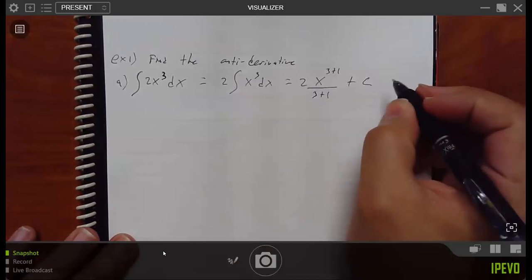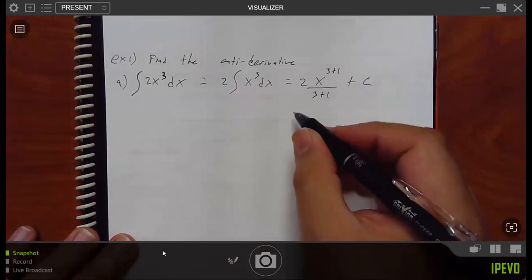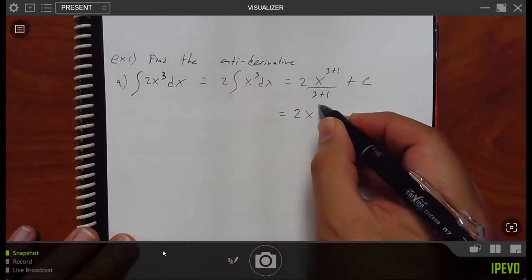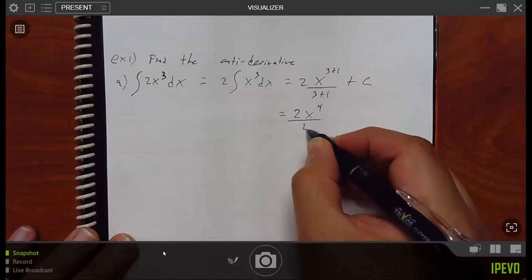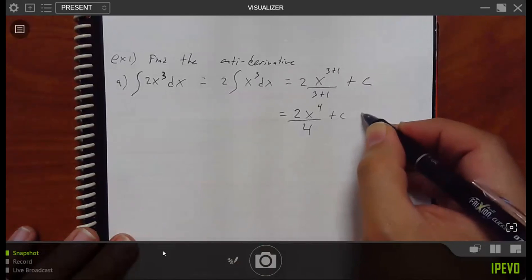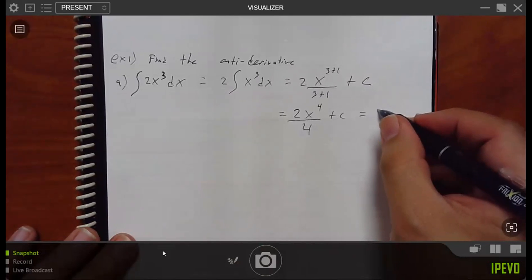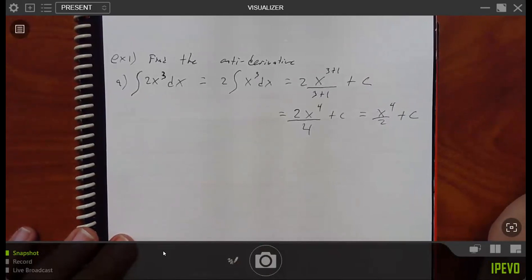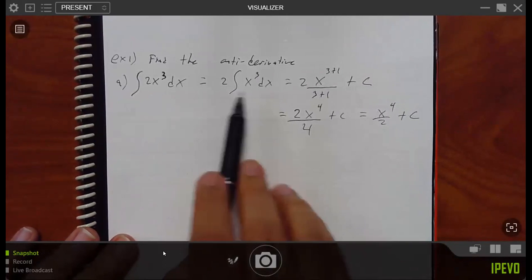But once you've integrated, you have to put the C, otherwise it's wrong. There'll be 2x to the 4th over 4, which reduces to x to the 4th over 2 plus C. Any questions on this property or the power rule?